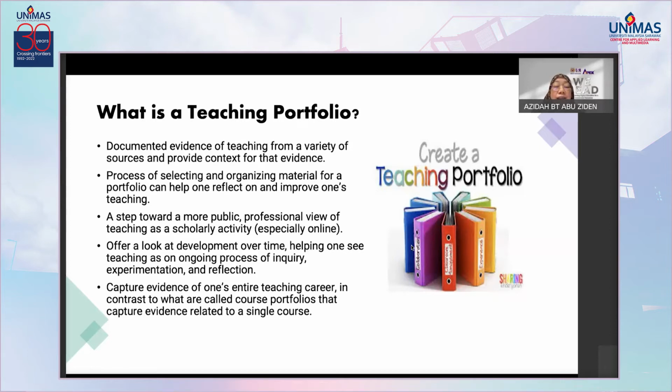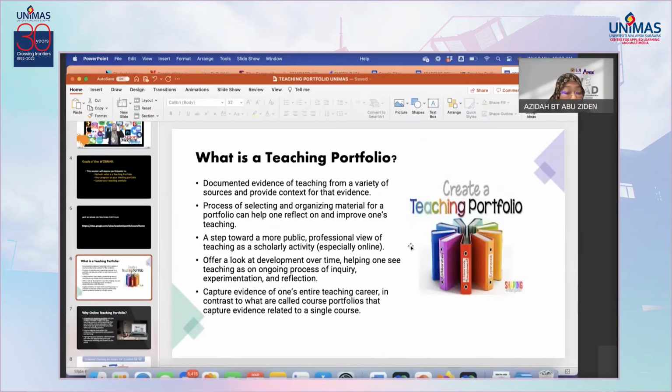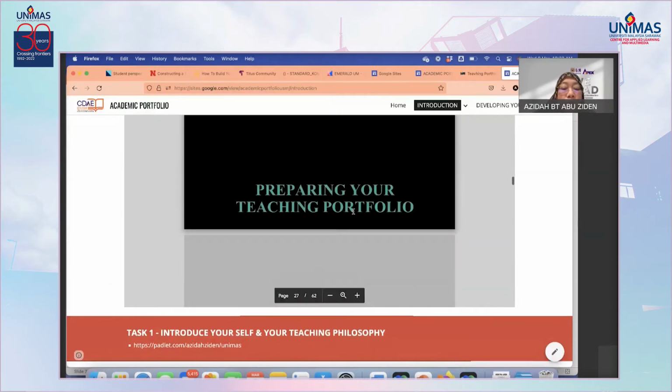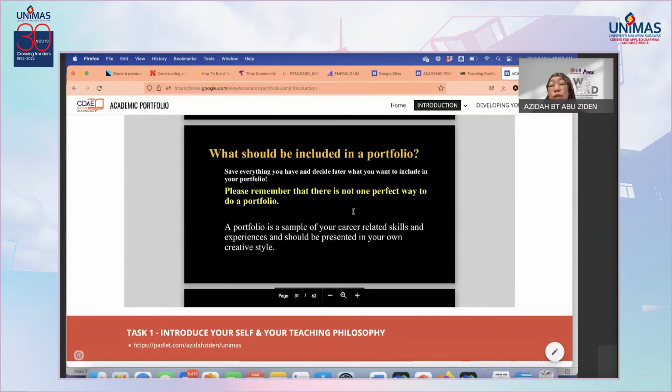Remember, let me just go back to, I think I put it here somewhere. So what should be included in the portfolio? This is what you should do first. Save everything you have, whatever you have.